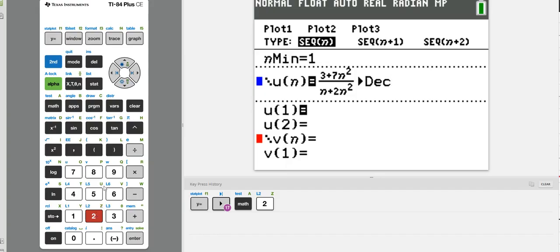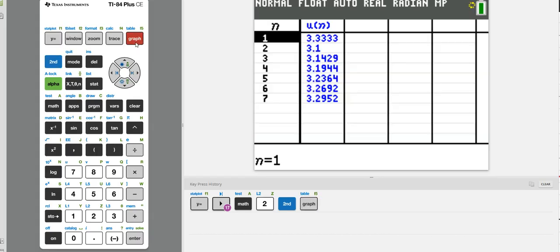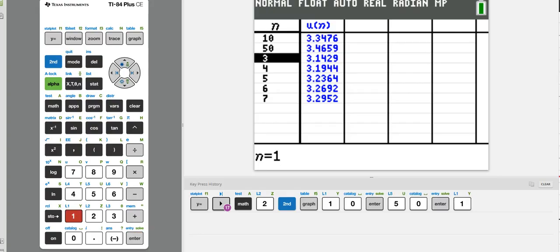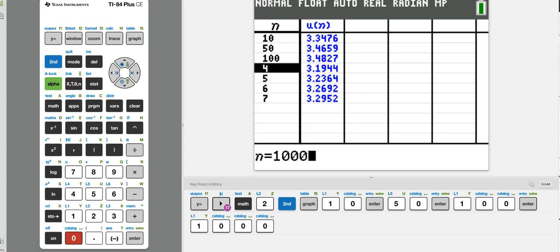I don't want these fractions. Second, and then the graph key. That's looking better. So now I'm getting decimal values, but these are kind of small values for n. Let's go n equals 10 or 50 or 100 or 1,000 or 10,000.